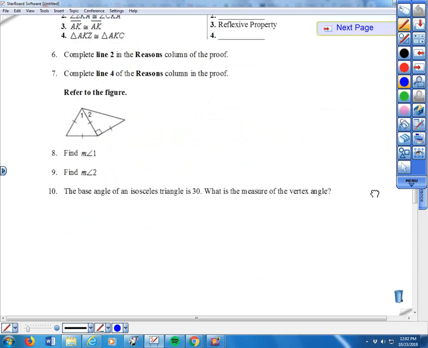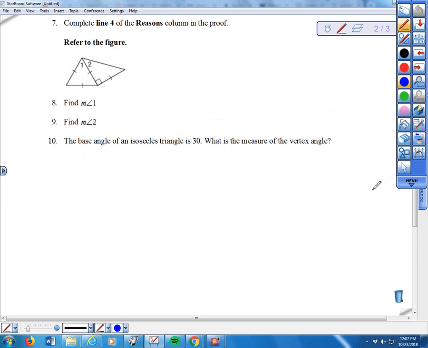Complete line 2 and line 4. We did that. Okay, refer to the figure. Find the measure of angle 1. Now this wasn't on yours. What were the ones I haven't done yet? Angle 1, angle 2. I'm going to have to draw it now.